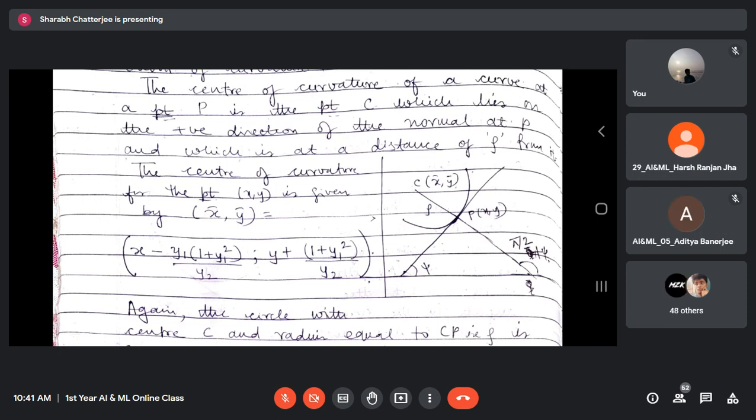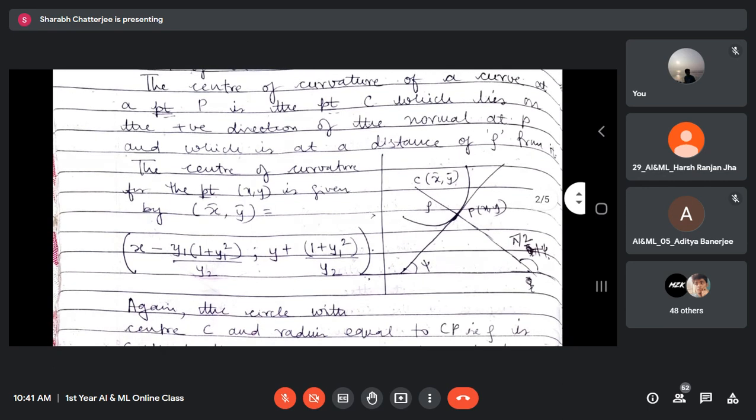I can form a circle with any curvature because I can expand and contract. So the circle is a very special curve in case of curvature. Given any value of curvature, we can find the circle. Can you see this is very obvious?